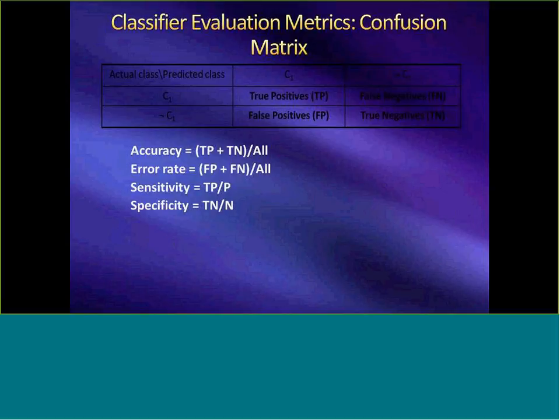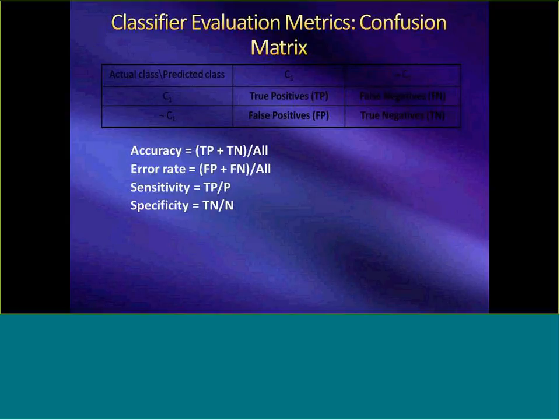The values which are not in the diagonal of the confusion matrix, the false negative and the false positive, are not desirable for any classifier. So when these values in the confusion matrix appear high compared to the values you have in the diagonal, that means your classifier is not trained well. So perhaps you have to go back and adjust some of the parameters of the classifier.